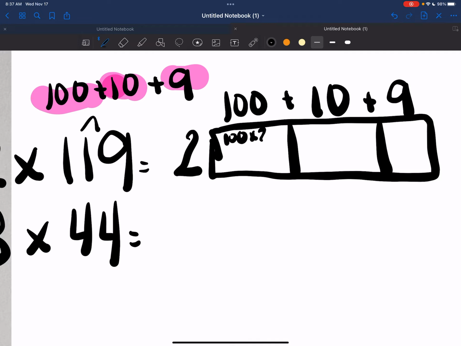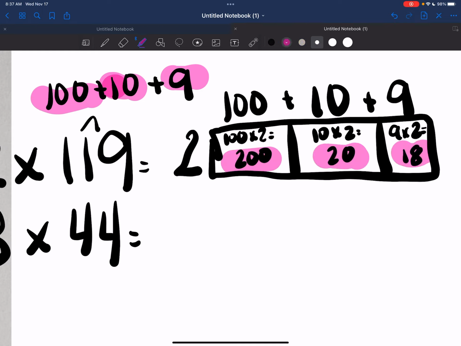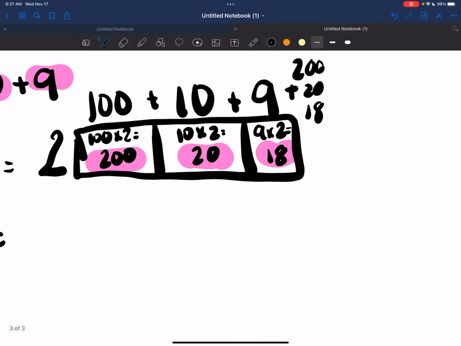100 times 2. 100 times 2 is 200. Move to my next box. 10 times 2, which is 20. And move to my last box. 9 times 2, which is 18. And now I add all of my values together. 200 plus 20 plus 18.